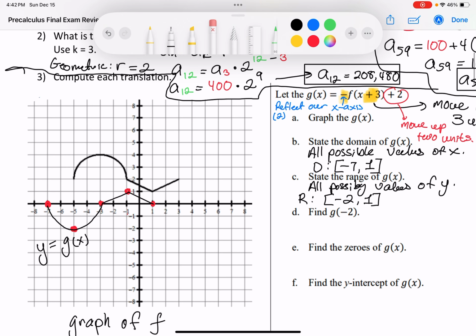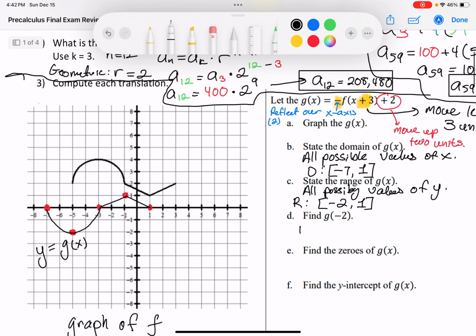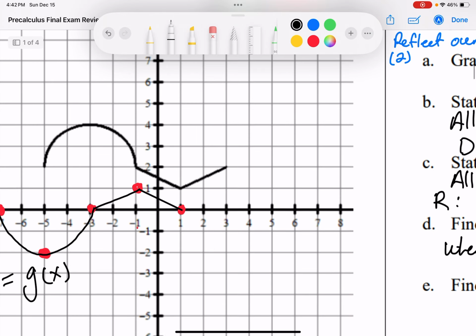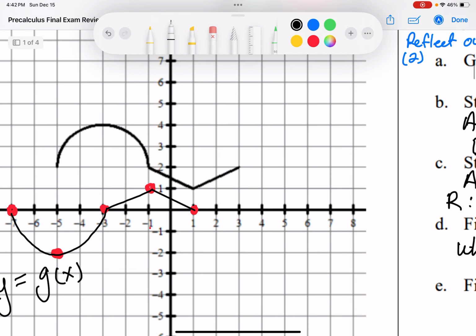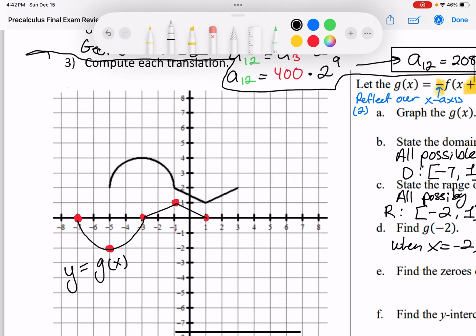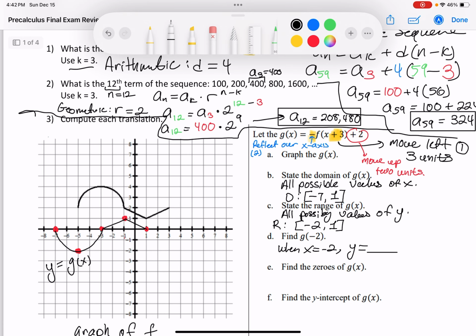The next part says find g of -2. So that means when x is -2, y equals, well, we're going to have to estimate. We can estimate y to be about 1/2. So y is about 0.5, and that's just an estimation.